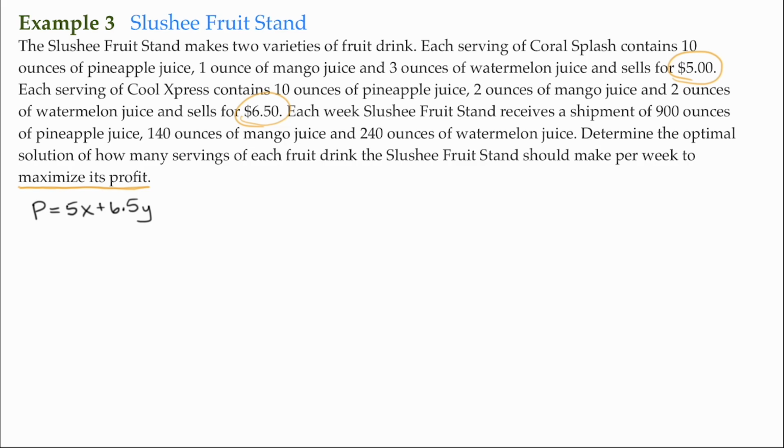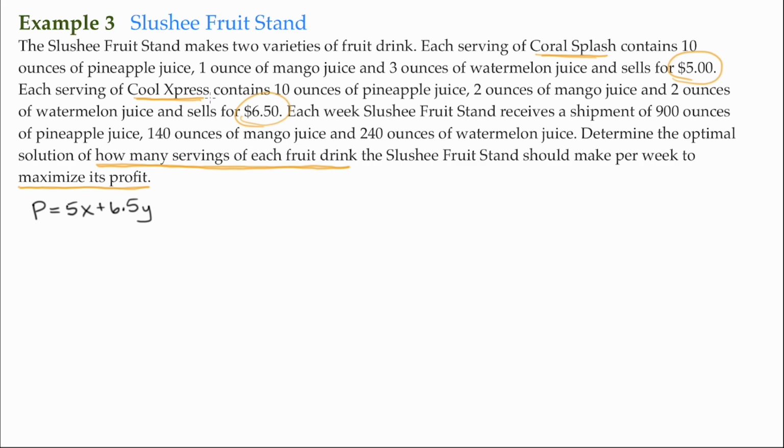Now, the first step now that we have our objective function is to build a table so that we can collect our thoughts on this. We can see right here how many servings of each fruit drink. So that's going to be our variable, our unknown. The fruit drinks are the Coral Splash and the Cool Express, so these are our variables, and they're going to be listed across the top of our table.